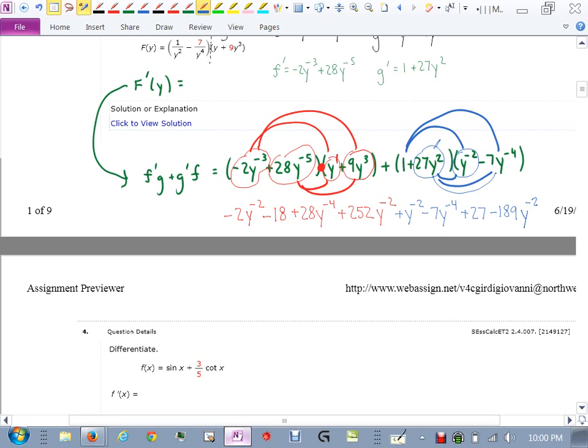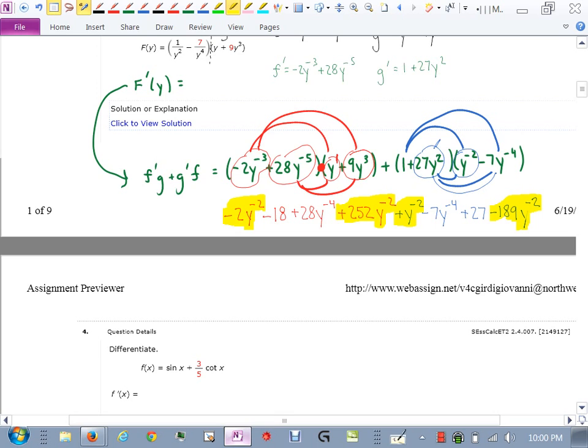All right, now let me see if I can figure out where my like terms are, because I'm going to start putting all this together. Here's my y to the negative 2. Here's another negative 2y to the negative 2. Here's another y to the negative 2. And here is another negative y to the negative 2. So I just need to add the numbers together.